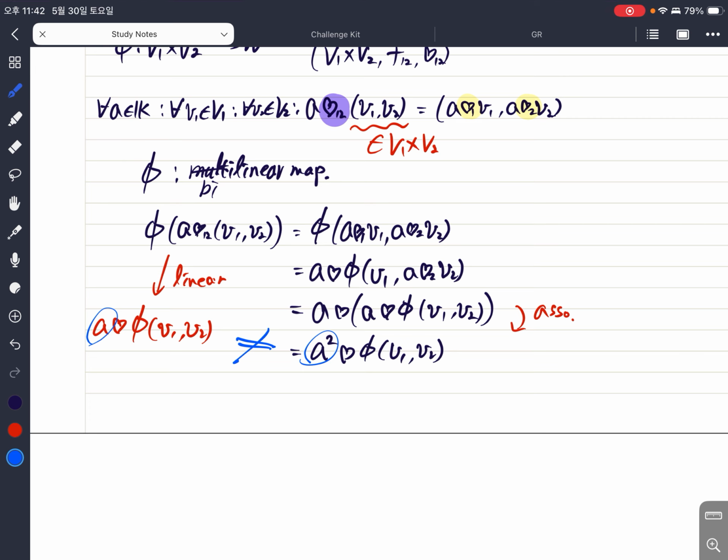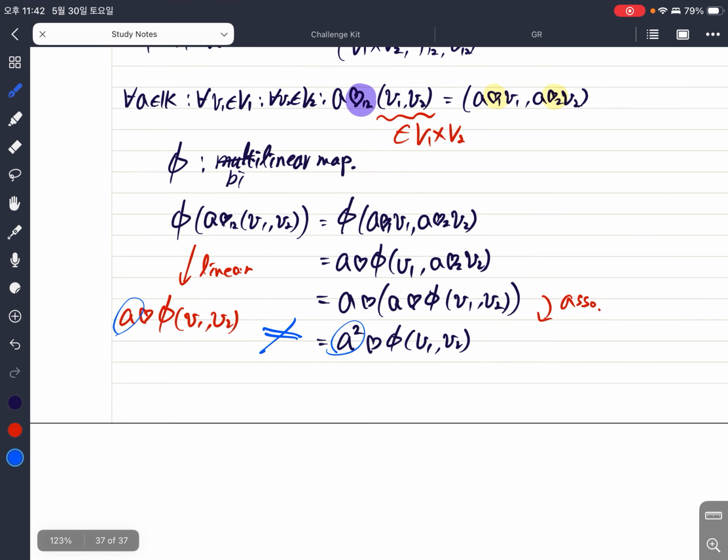So tensor is a multilinear map. Also, inner product or wedge product are all multilinear maps. So there are many calculations and concepts in physics that are in fact multilinear maps.